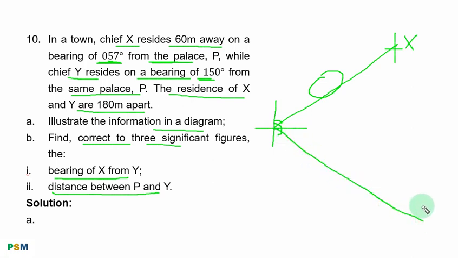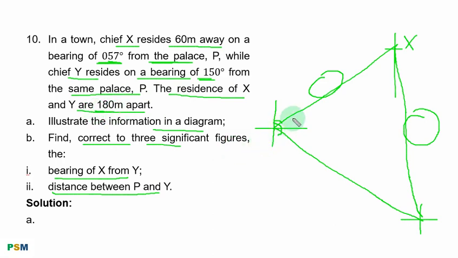Let's have Chief Y somewhere here. Then you can join the distance between Chief S and Y together, and you have 180 meters given in the question.